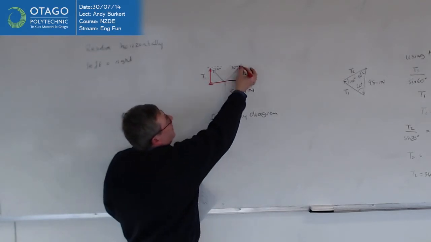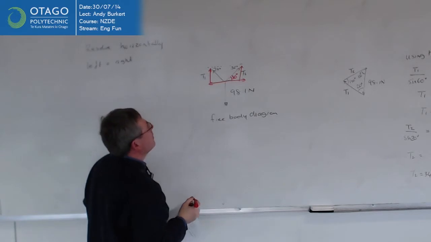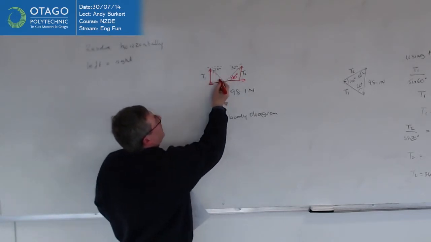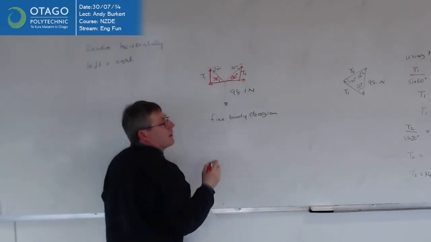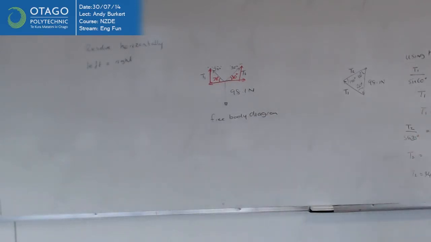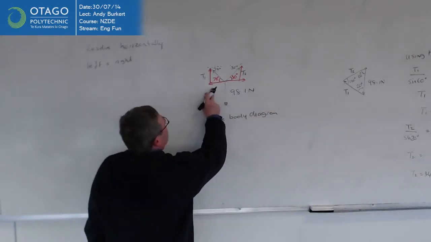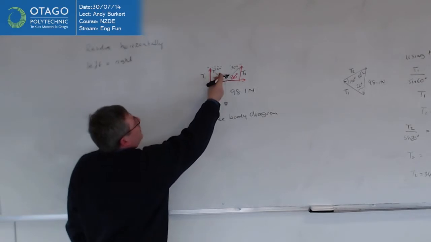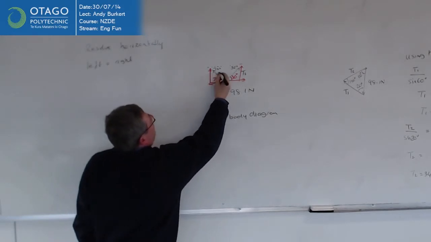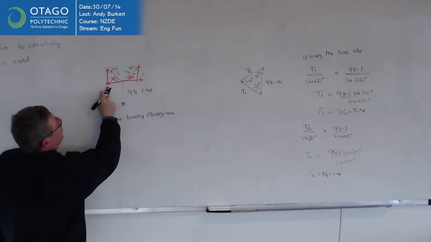Okay, if that's 30 degrees up there, that's 30 degrees there. And if that's 70 up there, that's 70 there, because of alternate angles on parallel lines. Yeah? Right, so what is the component of T1 horizontally?